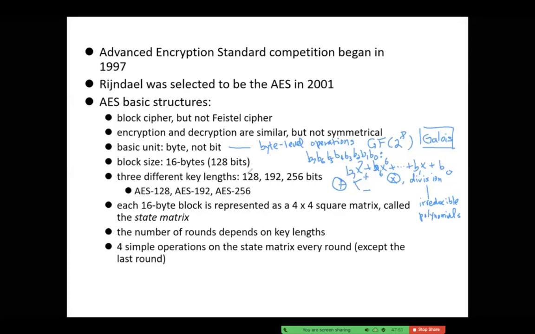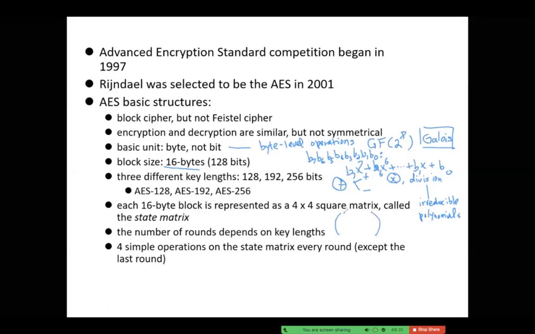And then the block size is 16 bytes, so that's 128 bits long. And so instead of representing a block using a linear string, we are going to represent it using a 4x4 square matrix. Okay, to represent these 16 bytes, so 4x4 is 16.